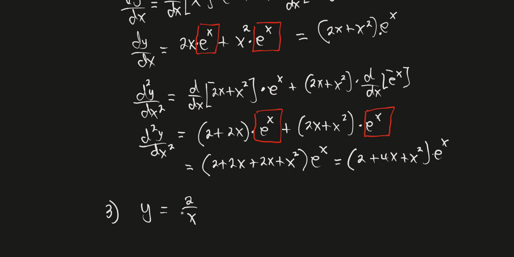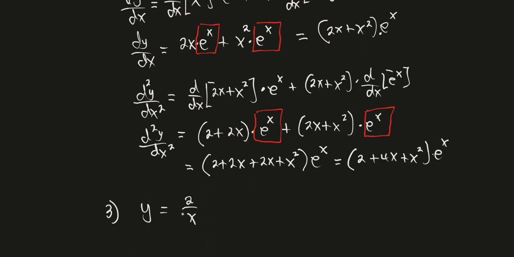And I look at this and you might say, okay, am I going to have to do the quotient rule every single time because of this quotient? Technically you could, even though there's a constant function in the numerator, but I think that would be overkill.